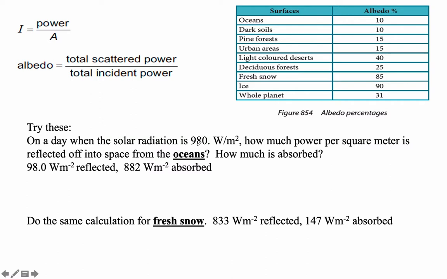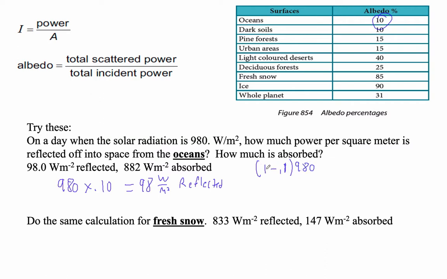Okay, how much power per square meter is reflected off into space from the oceans? Well, let's find the oceans. That's 10% is reflected, right? Okay, so 980 times 0.10 is 98 watts per square meter reflected. All right, how much is absorbed? Well, absorbed would be 1 minus 0.1 times 980.